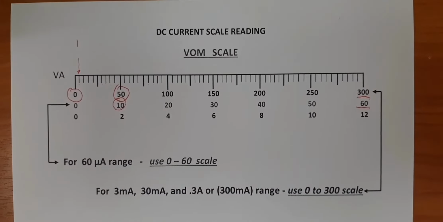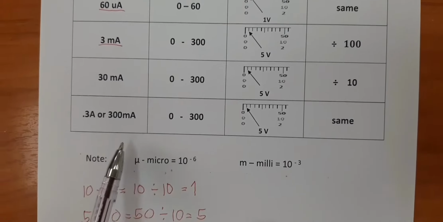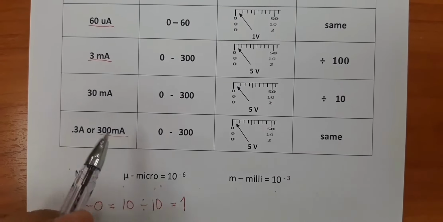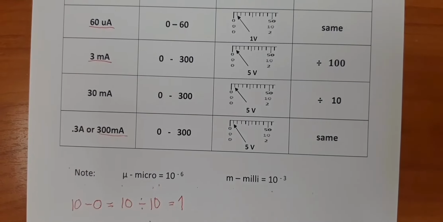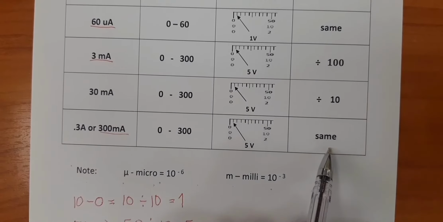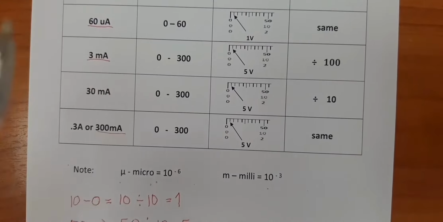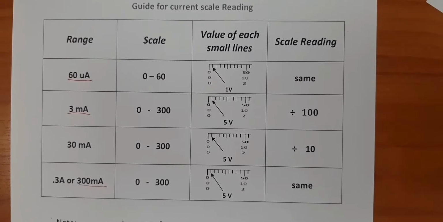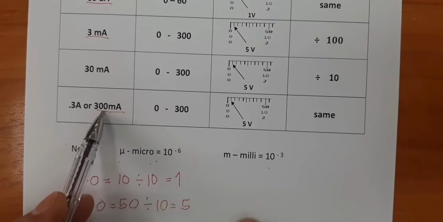Okay? There are two things you need to consider. If you are going to read it as 300 milliampere, then you need to read it as is. The scale reading is the same as the actual reading if you are going to use it as 300 milliampere.